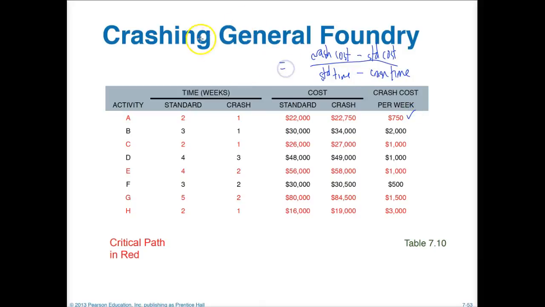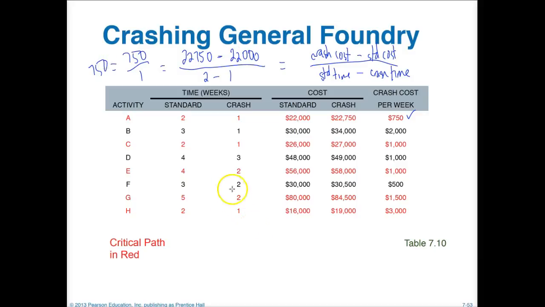The crash cost is 22,750, and the standard cost is 22,000, and our standard time is 2 weeks. Crash time is 1 week. So the difference in the numerator is just 750. The difference in the denominator is 1, and that's how you get 750.